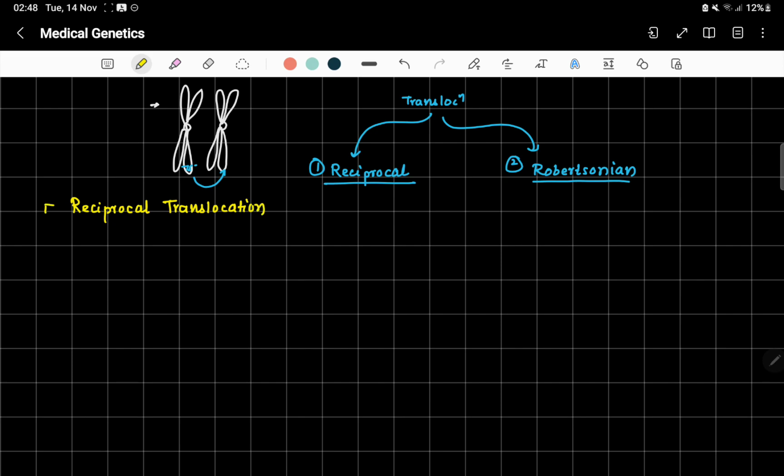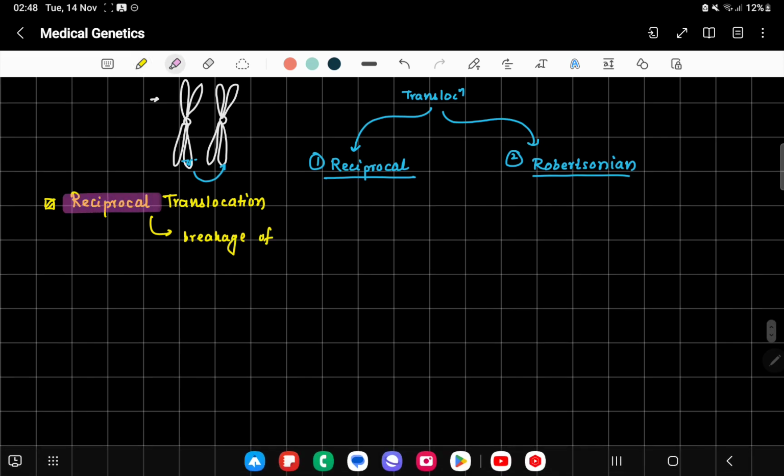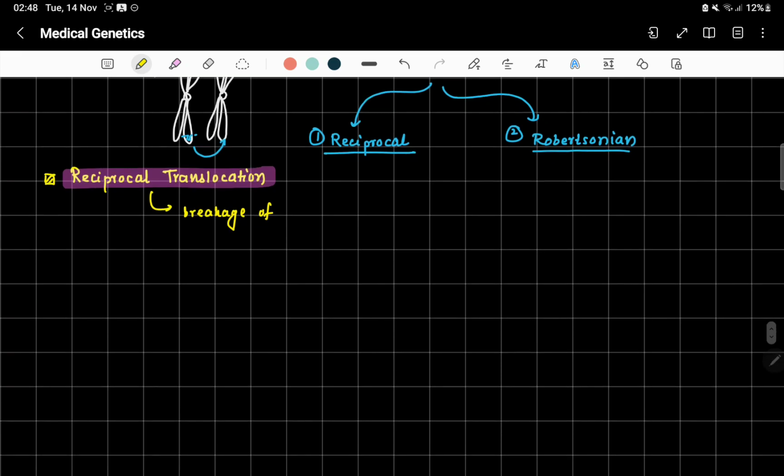It is basically the breakage of two non-homologous chromosomes, in which the centromere is spared, and the broken segments are just exchanged.